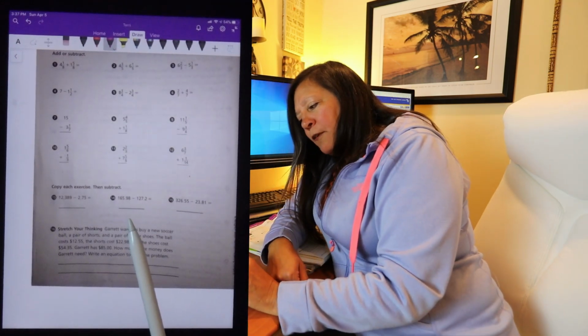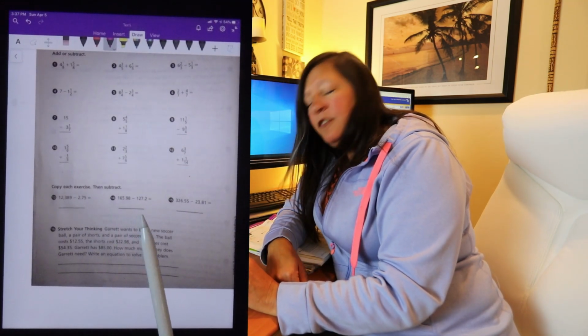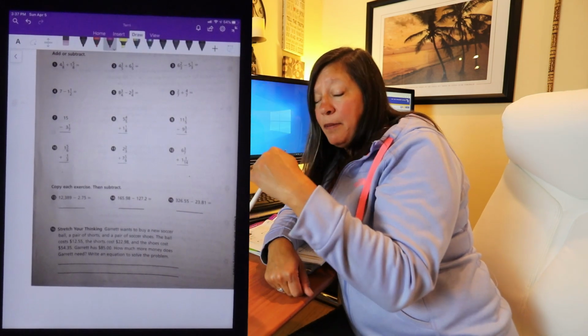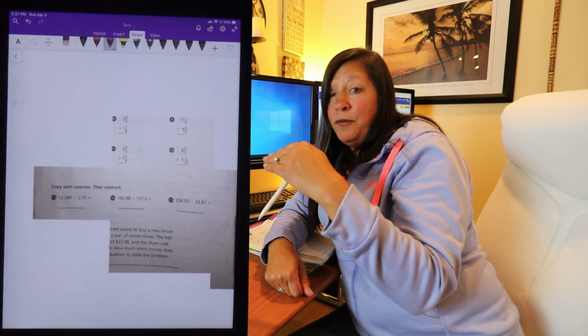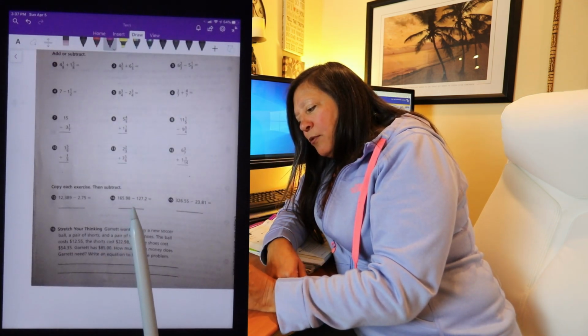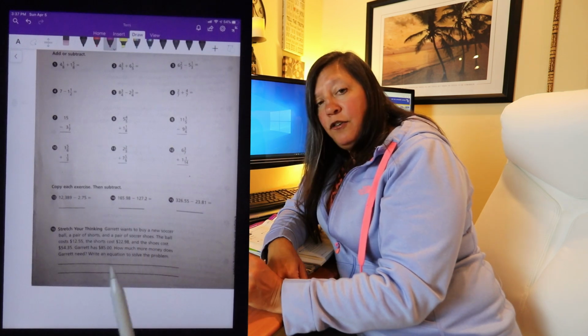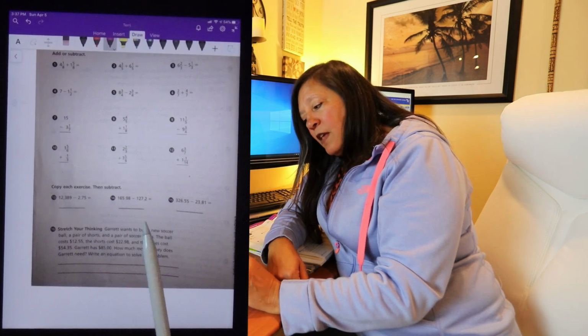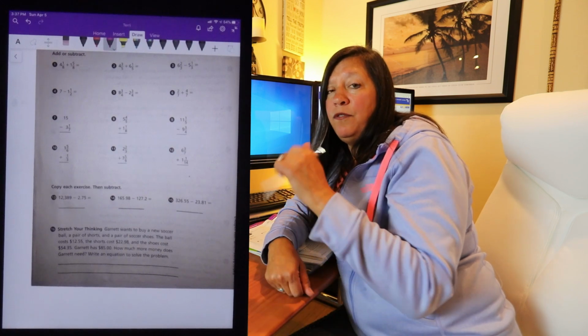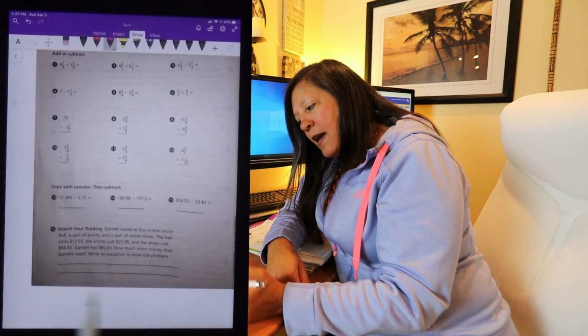Okay, and then you're gonna do number 14. Copy each exercise, then subtract. Remember that means you need to line them up one on top of the other. Line up your decimals, okay, before you go ahead and do that problem. So 165.98 minus, and then underneath, line up your decimals, 127.2, and then we add in zeros where there are empty spaces, okay?